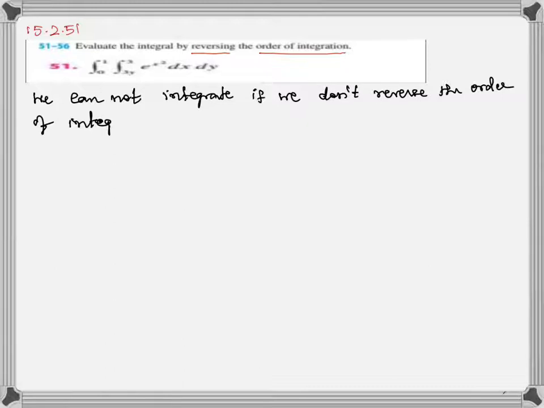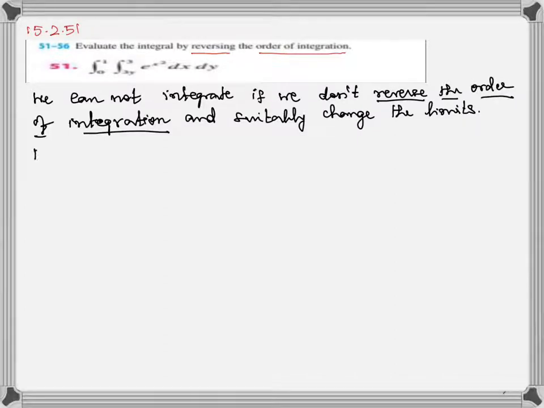So the region should not change, but the limits of the variables can be changed suitably. We cannot integrate if we don't reverse the order and suitably change the limits.